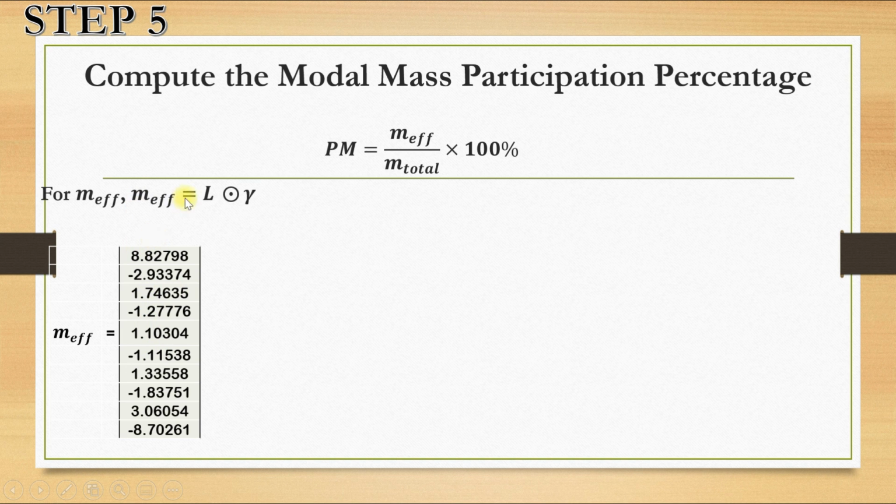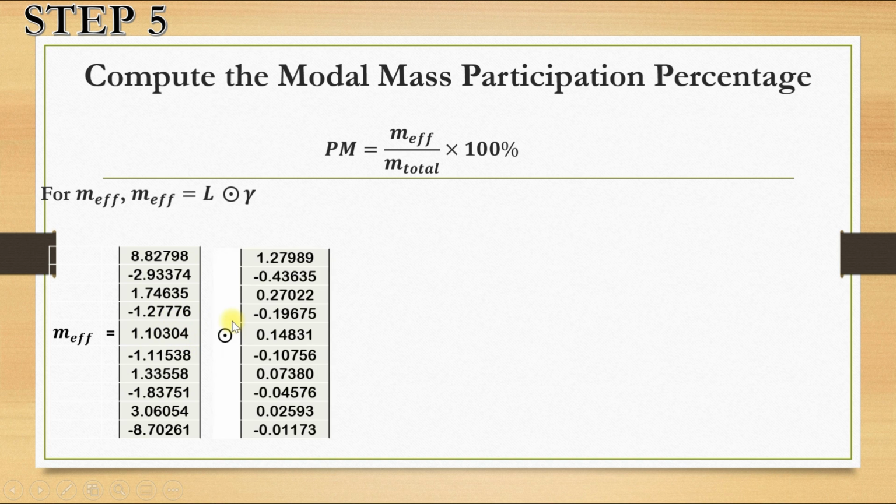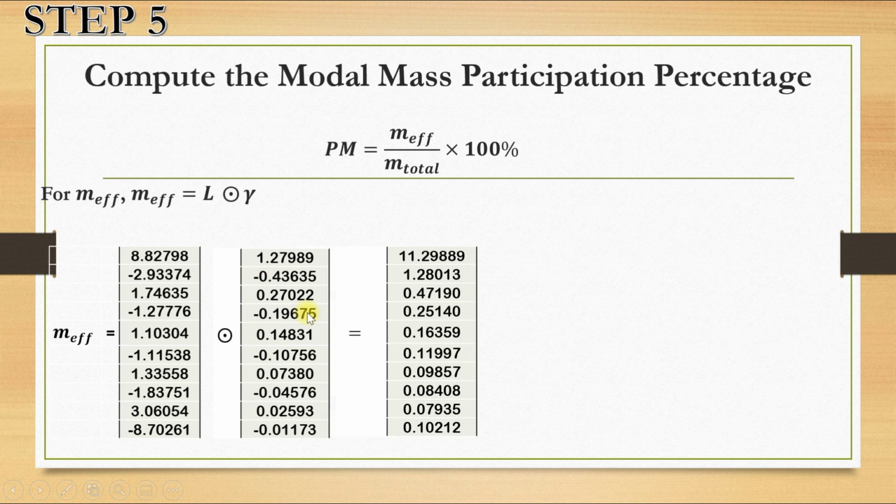And from this formula, makukuha na natin ngayon ang effective modal mass with this vector. And dito naman sa gamma, ito yung kanina na value natin. So pwede na natin isolve ngayon yung Hadamard product of L and gamma, which is equal to this.